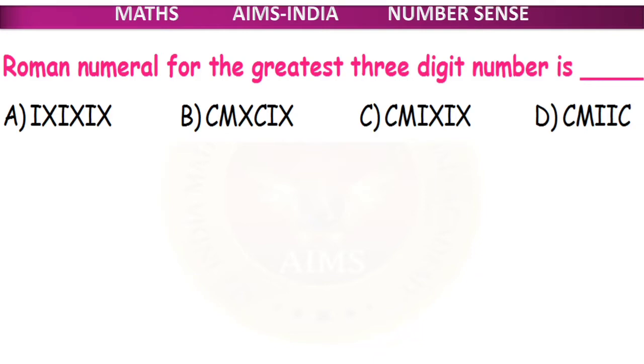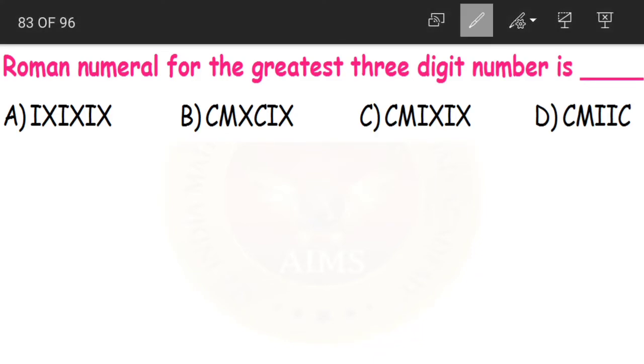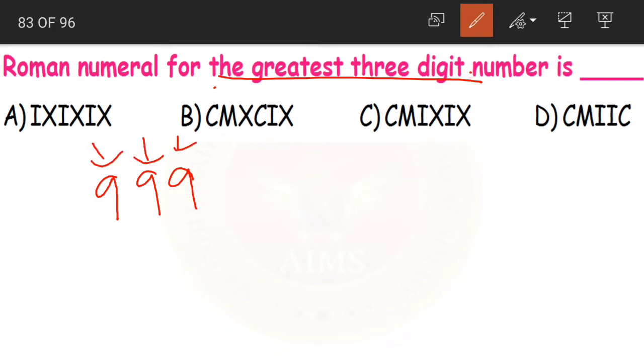The next question, Roman numeral for the greatest 3-digit number is dash. Now what is the greatest 3-digit number? 999. The greatest 3-digit number has 3 nines in it. Now the next part of the question: we should write the Roman numeral for it.